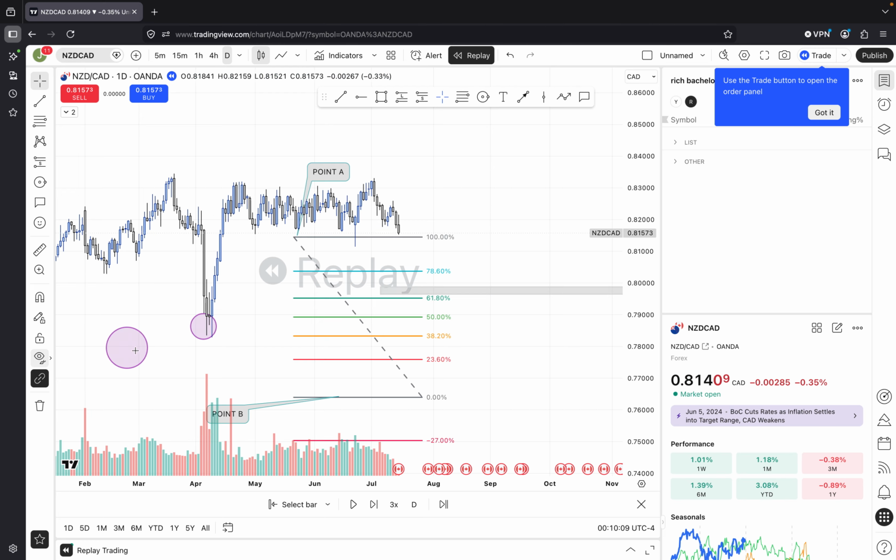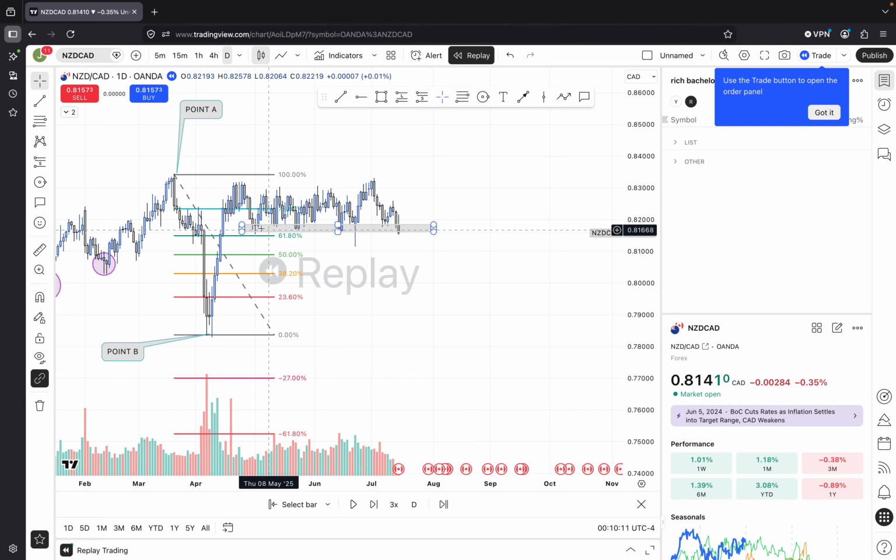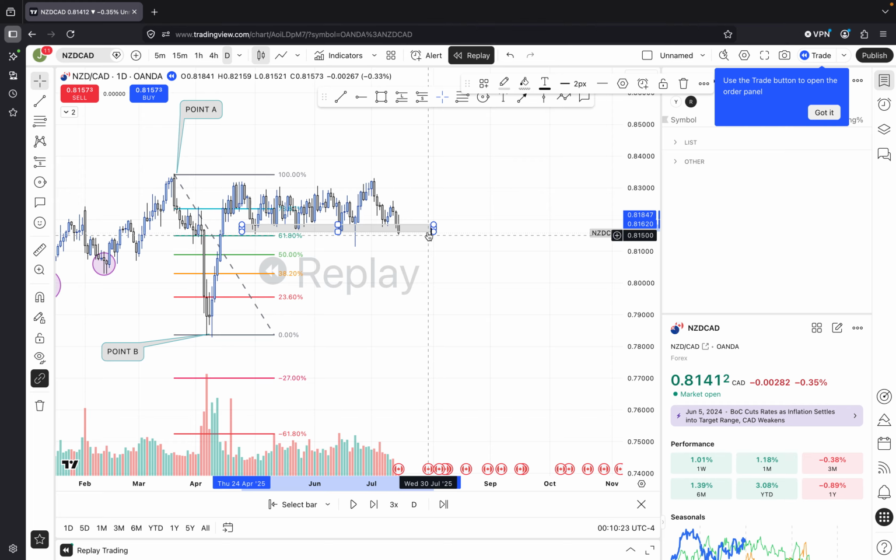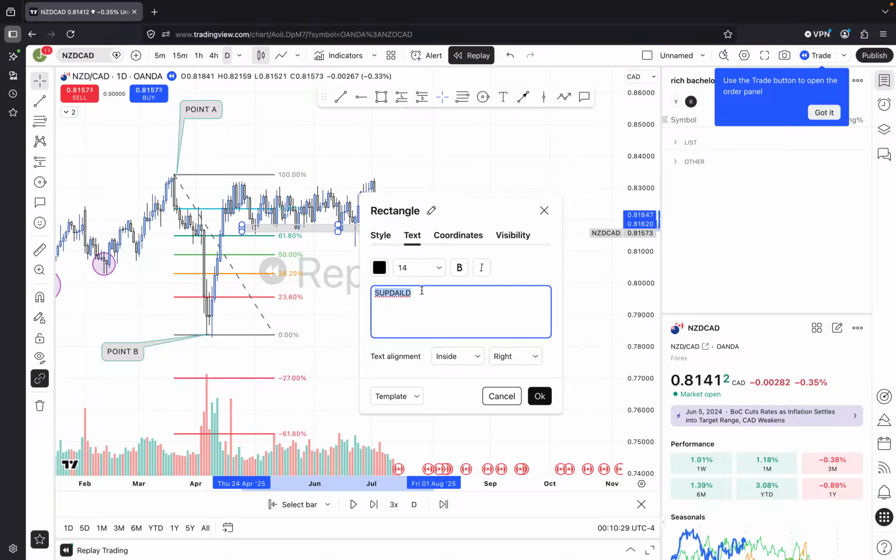Now, check this out. Let's bring this back. If you see this great box here, this is what we call support. Support is basically when price, we're going to put daily support too. This is our daily support level, right?